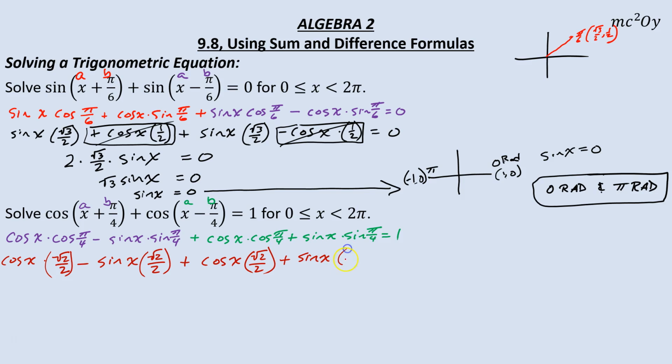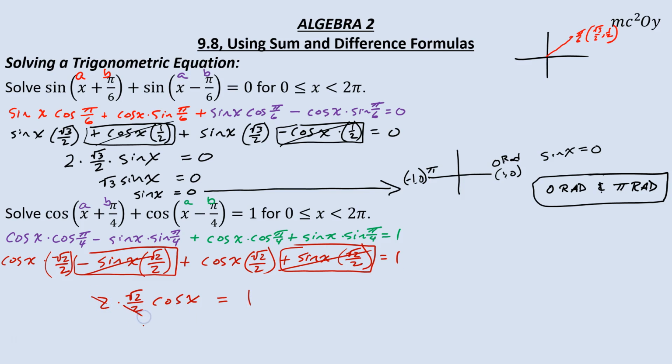Sine of pi over 4 is root 2 over 2 equals 1. When I start looking at this, I get a negative sine x root 2 over 2 and a positive sine x root 2 over 2. Those two things are gone. I have 2 of those. That gives me 2 times root 2 over 2 cos x equals 1. These 2's cancel. I get root 2 cos x equals 1.